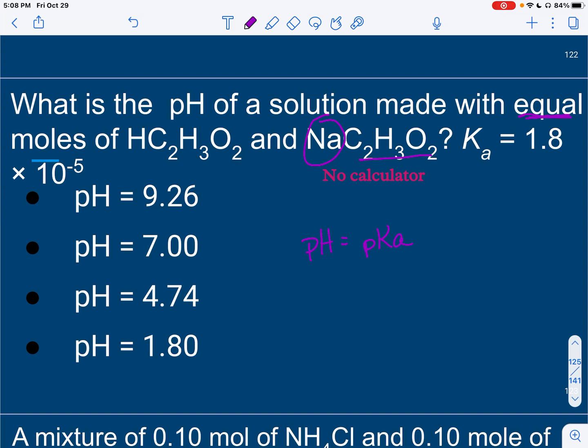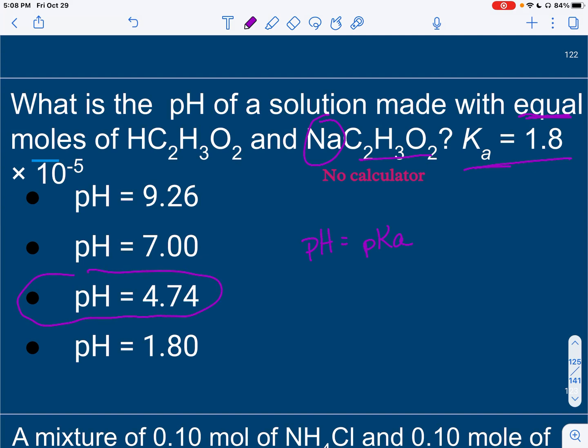That's like our half equivalence. So your pH equals your pKa. If your Ka is 1.8 times 10 to the negative 5, your pKa is going to be 4.74, or close enough to this.